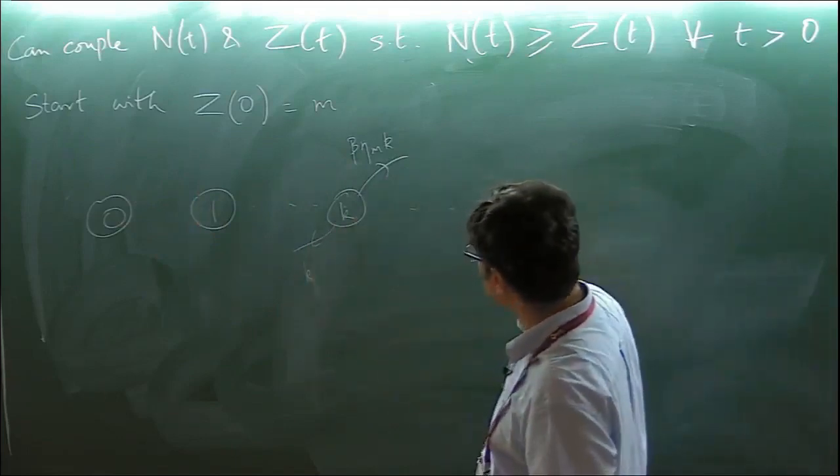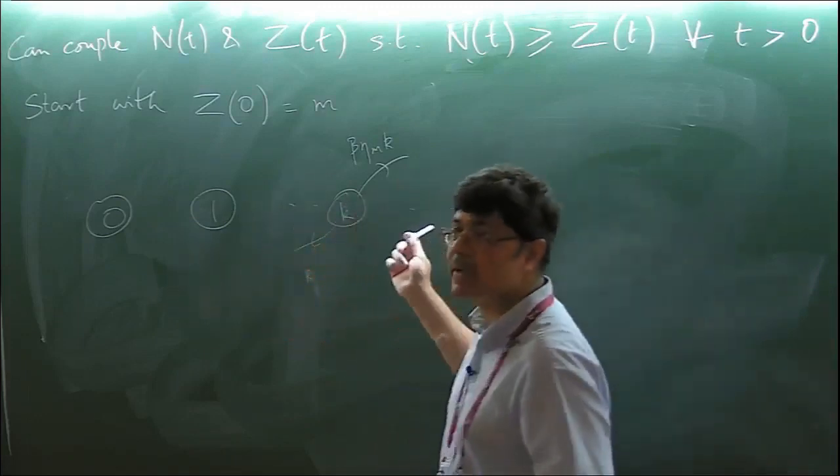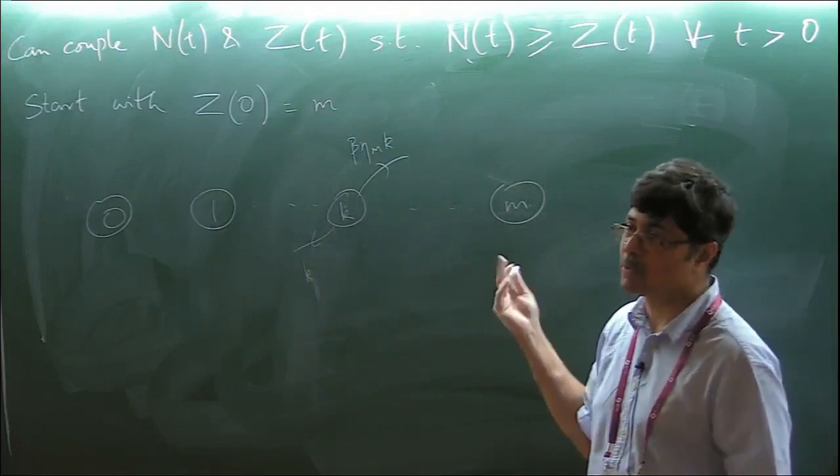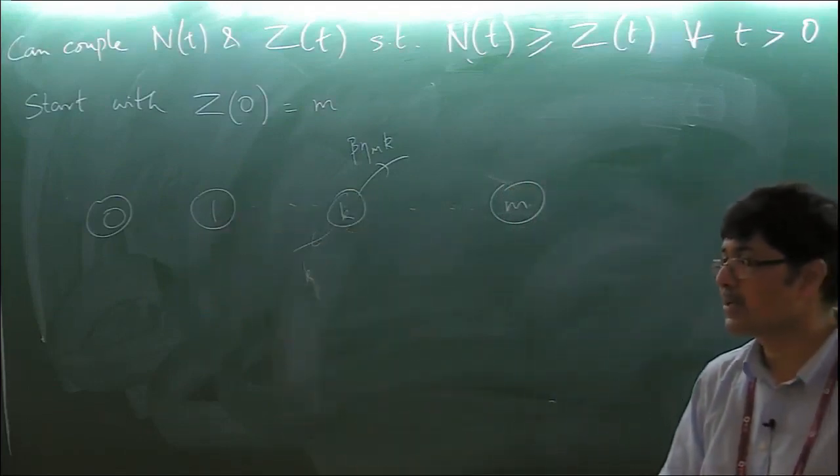So the total time spent here before hitting 0, the expected time, is the expected number of visits times 1 over m. It's bounded below by that, which is exactly the bound in the statement of the theorem.